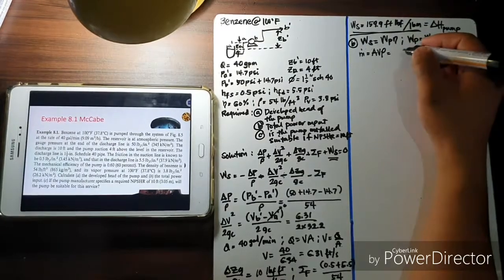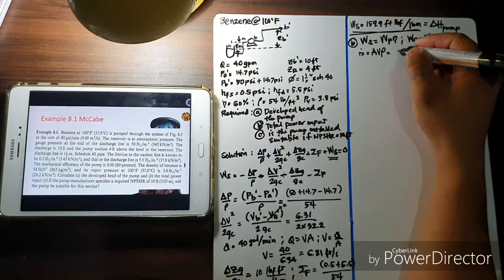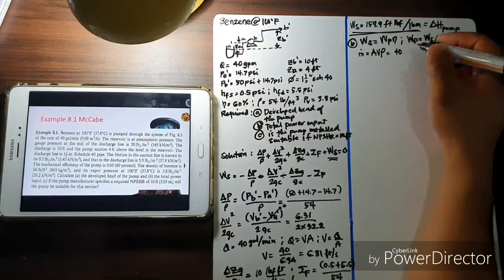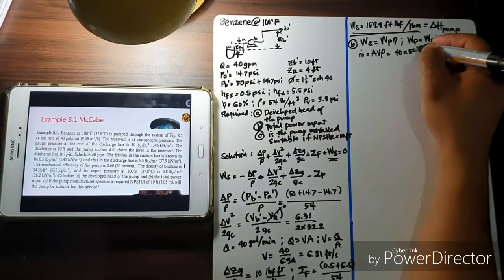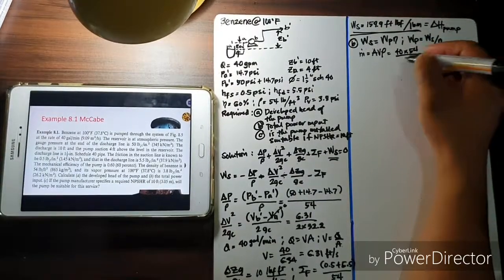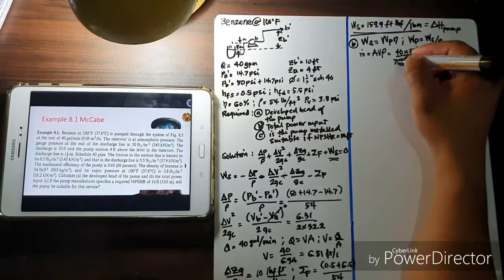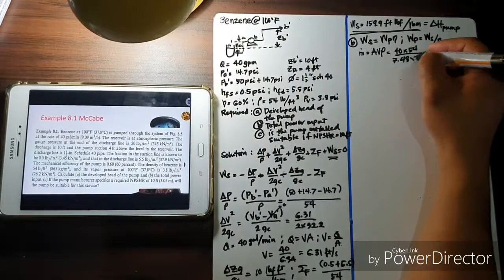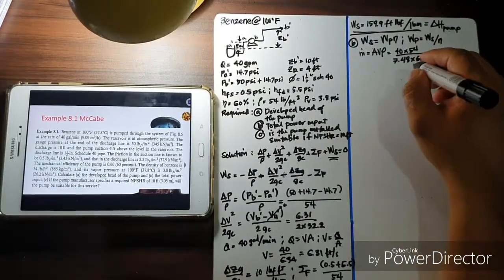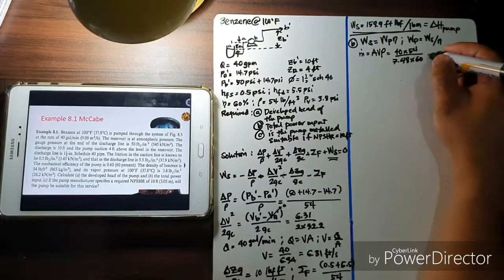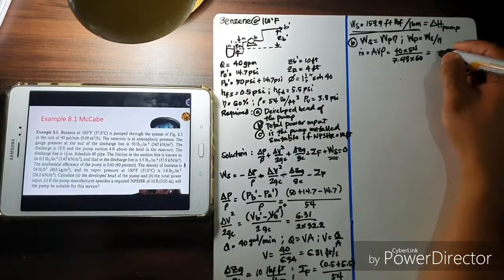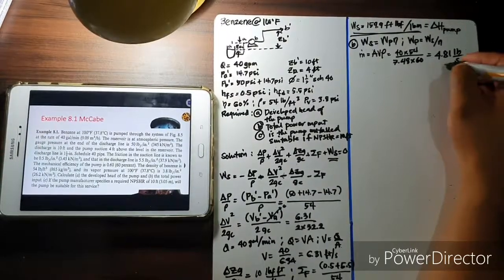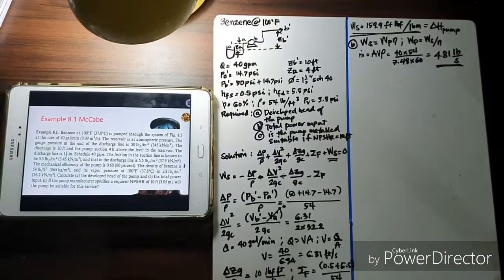So this will become 40 GPM, gallons per minute, multiplied by 54 pounds per cubic foot, divided by the conversion factor 7.48 gallons per cubic foot, multiplied by 60 to become seconds. This will become 4.81 pounds per second already. So we already have the mass flow rate.